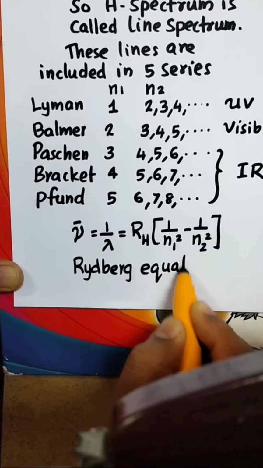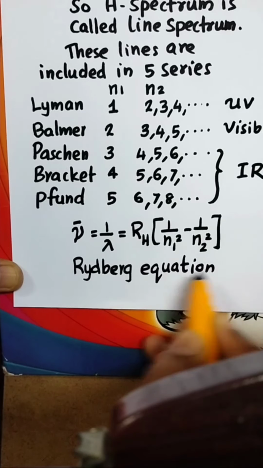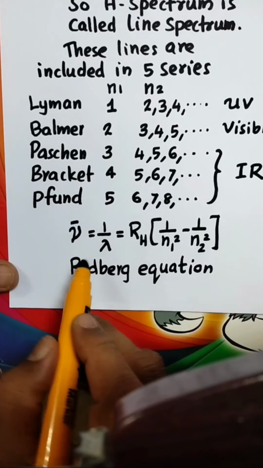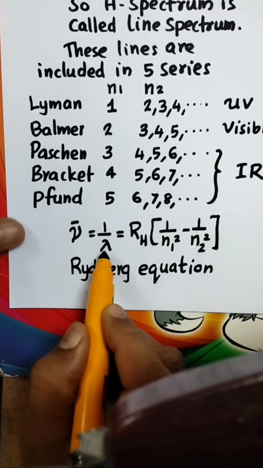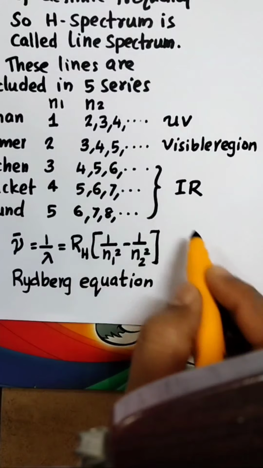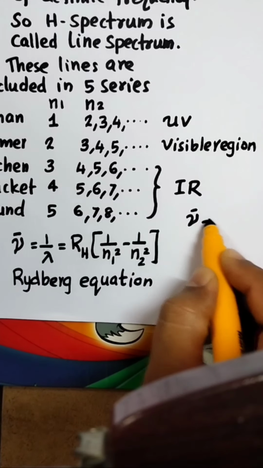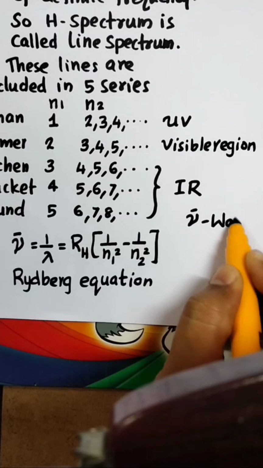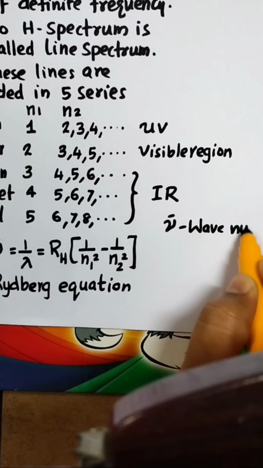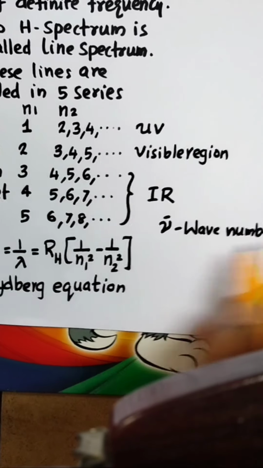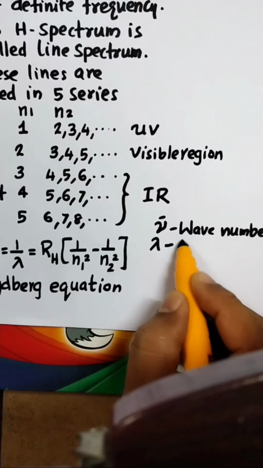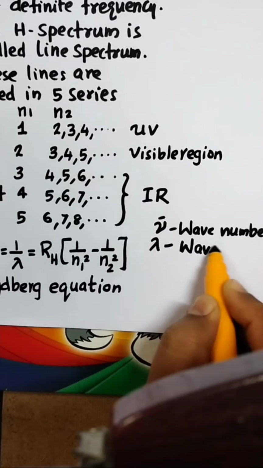It is used for finding out wave number nu bar. From this equation, we can also find out wavelength lambda. Here, nu bar is wave number, lambda is wavelength.